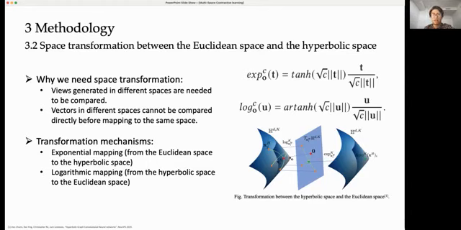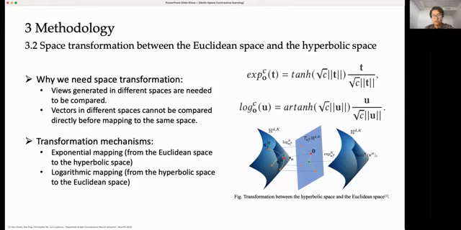To achieve such a goal, we conduct graph contrastive learning between Euclidean embeddings and the hyperbolic embeddings to obtain informative semantics of different views of the input graph in different spaces.